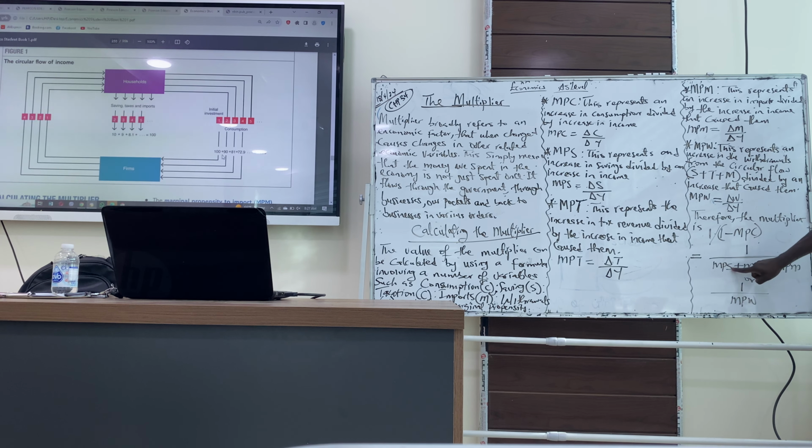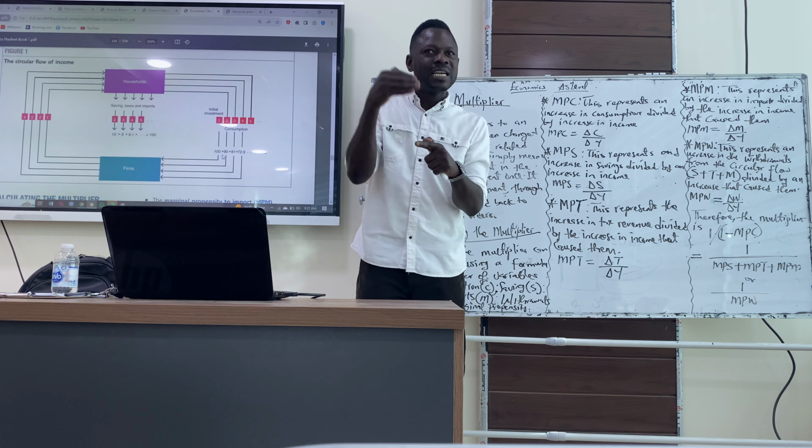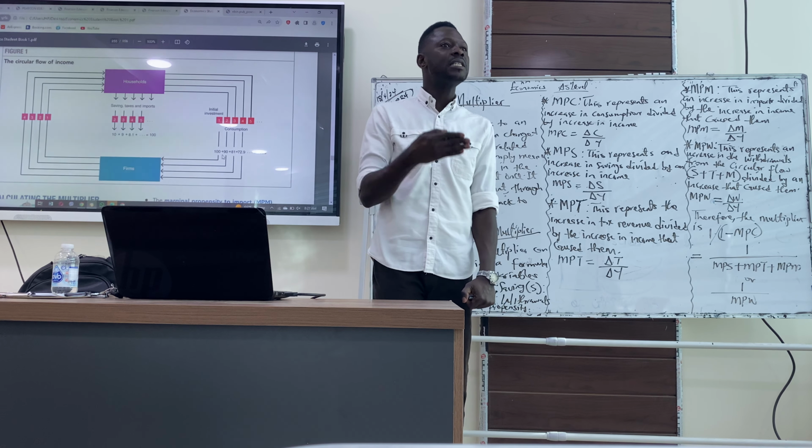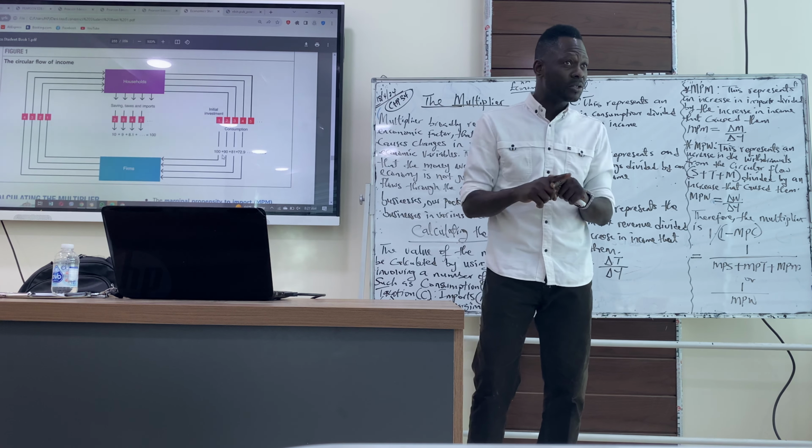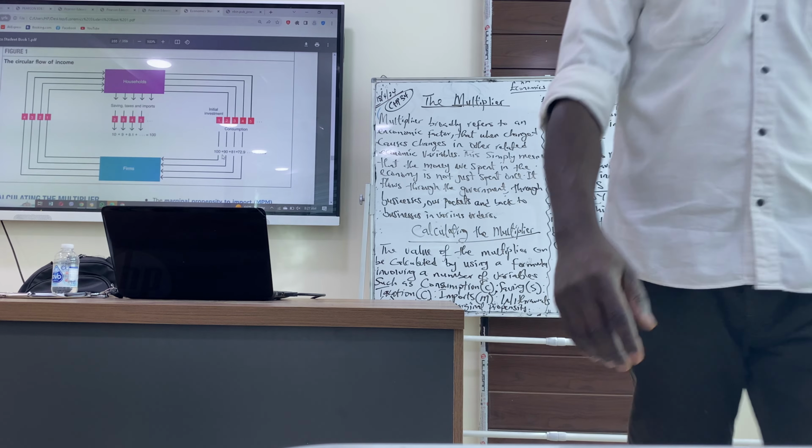So these things will happen because there is an increase in our level of income. So an increase in the level of income, which is an economic factor, which brings about a change in other economic variables like taxation, importation, savings, consumption, is called the multiplier. Is the multiplier clear? Yes. Any question about the multiplier? No. Thank you.